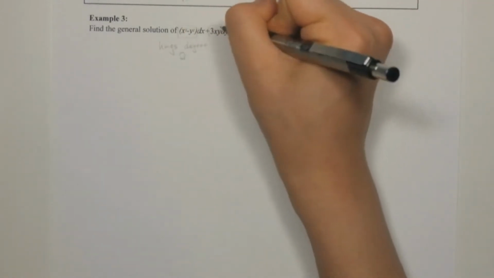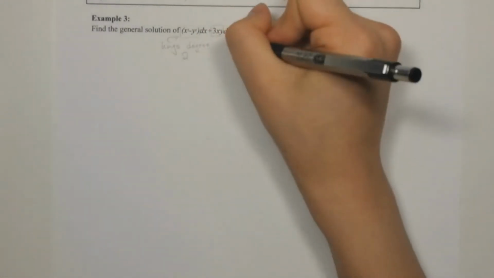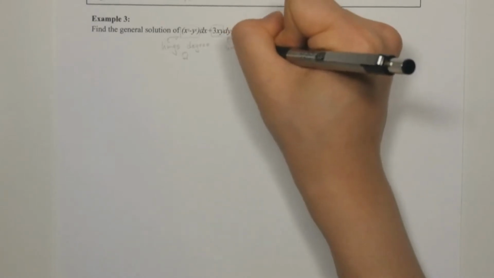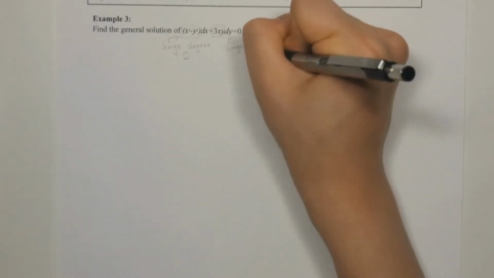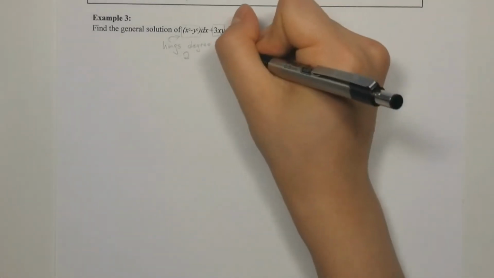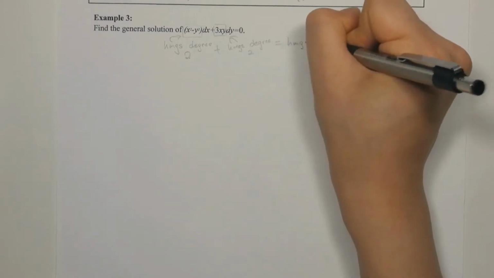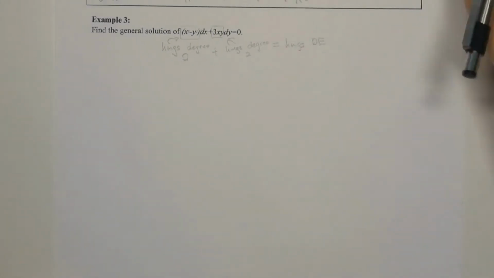And then on this side, if you plug in tx and ty, you'll also get a homogeneous function with degree 2 as well. So that basically means it is a homogeneous differential equation. So now that we know it's homogeneous, then we can start doing the problem.